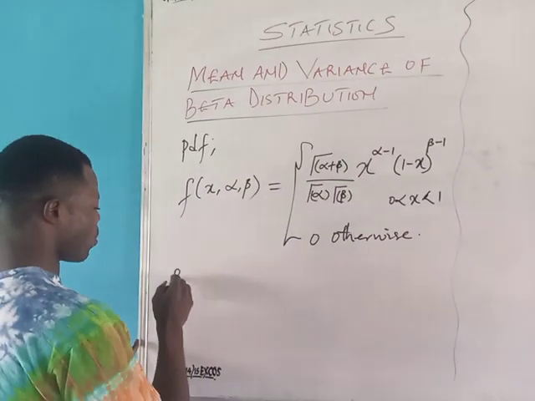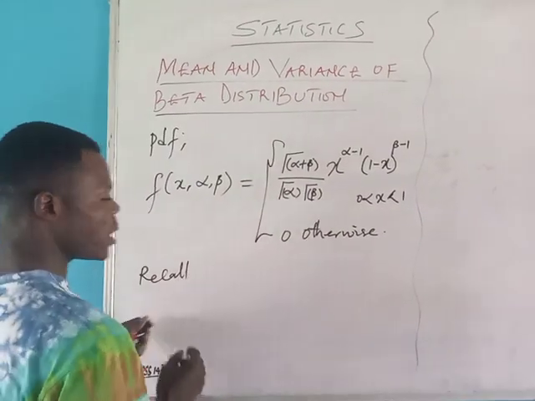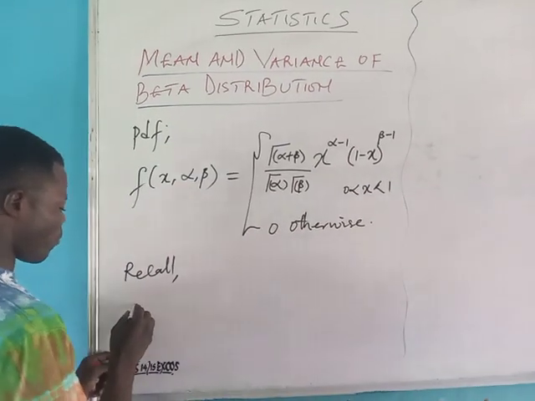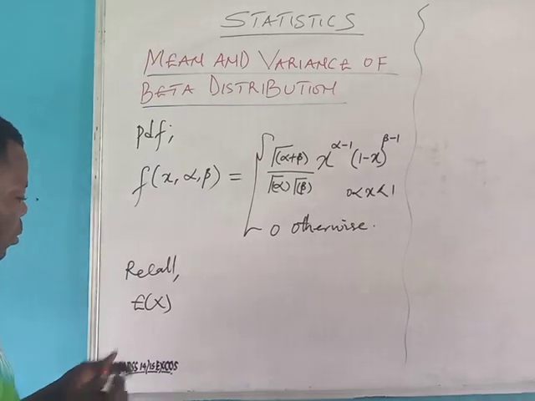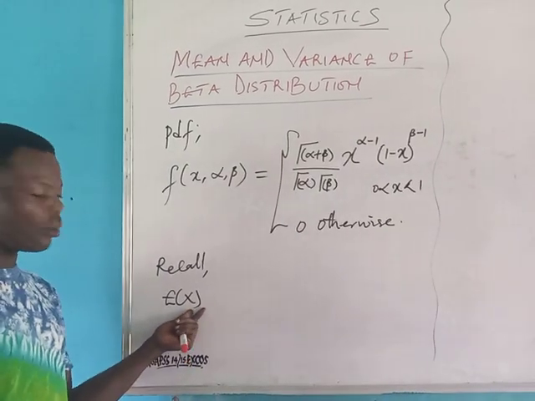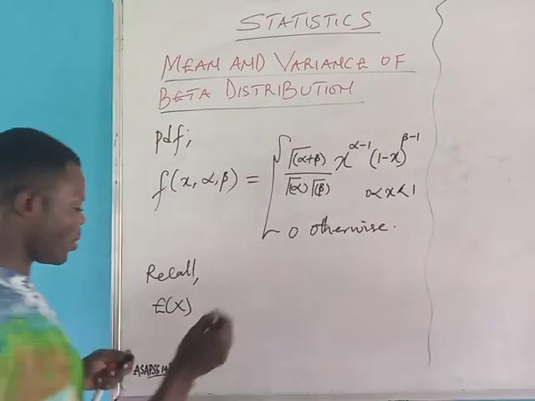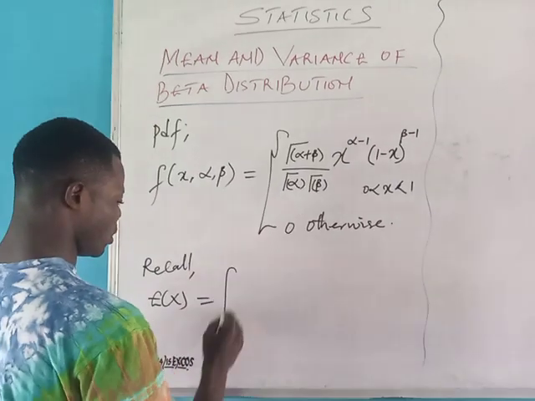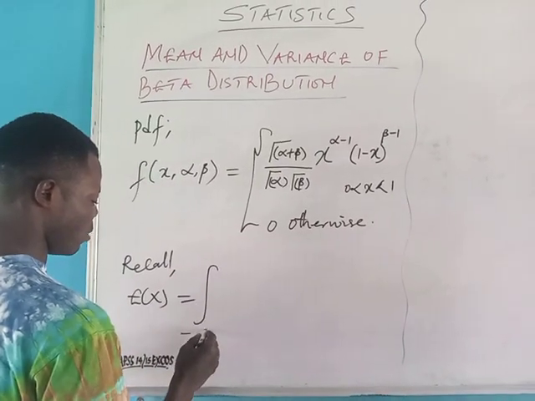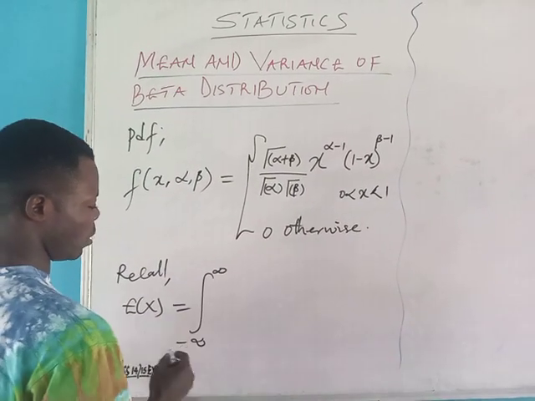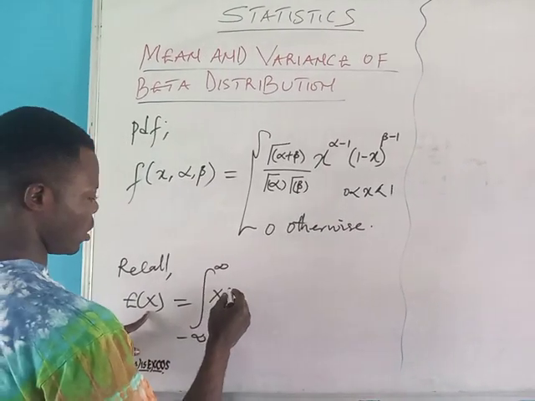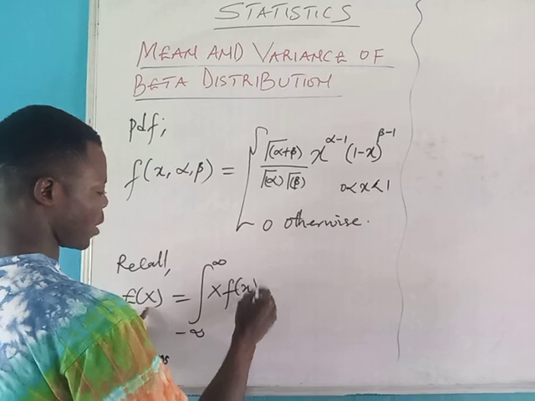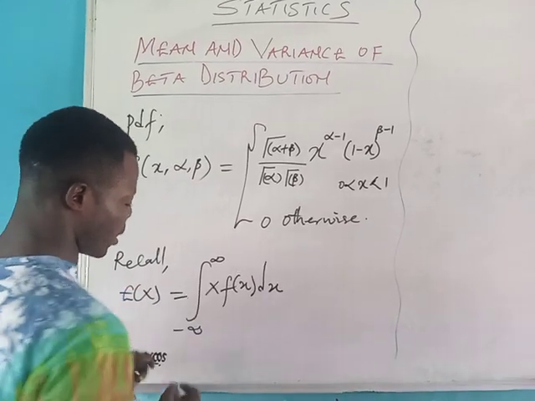If you recall, the mean of any continuous random variable is given as the integral from negative infinity to plus infinity of the variable x times the function of x with respect to x.